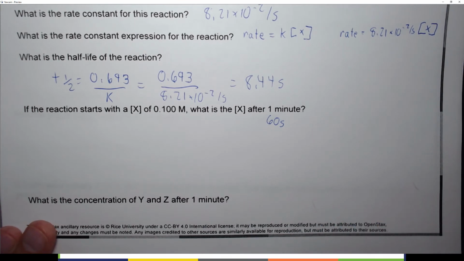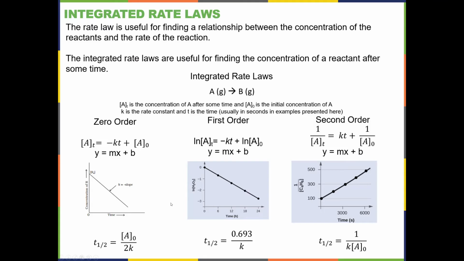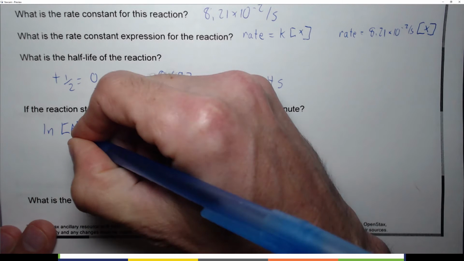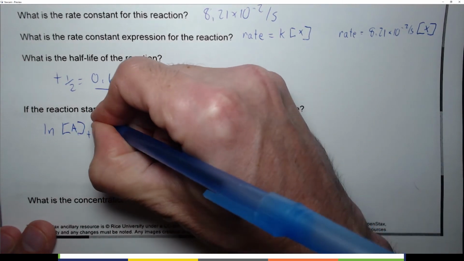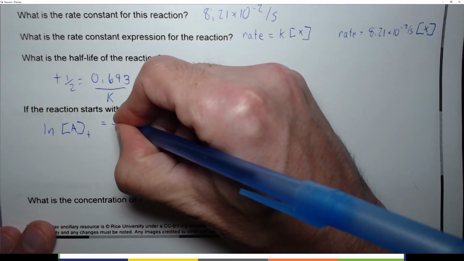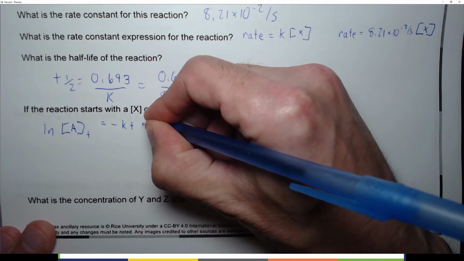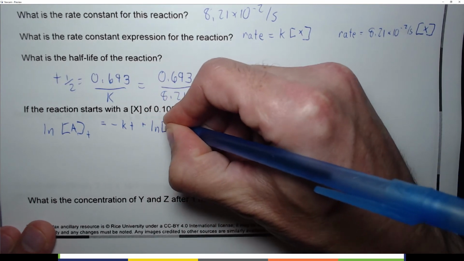Now, again from the previous slides, I want to use the integrated rate law for this. The ln of [A] at some time equals negative kt plus the ln of the initial concentration.